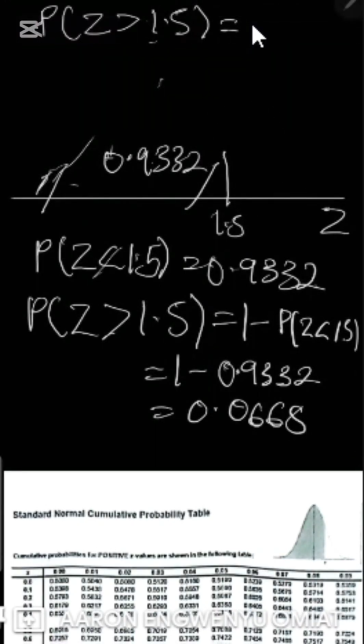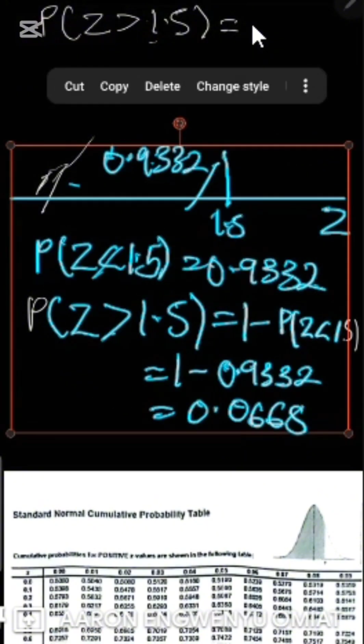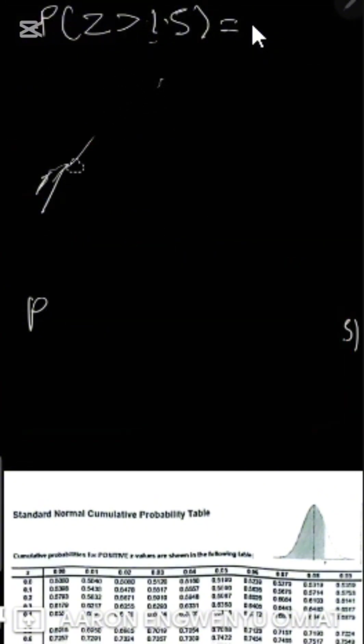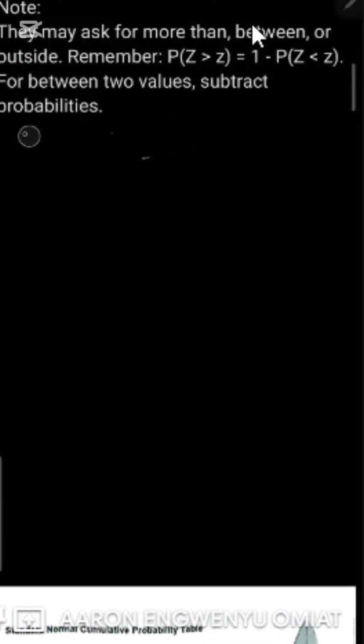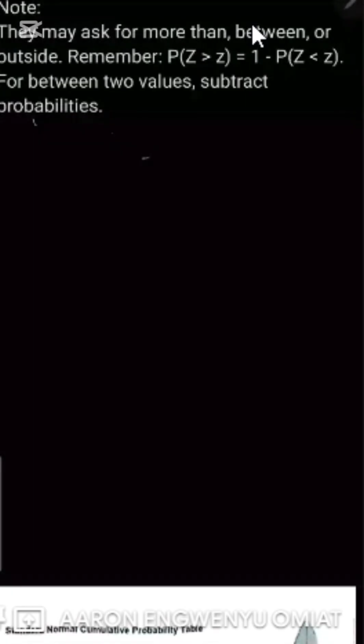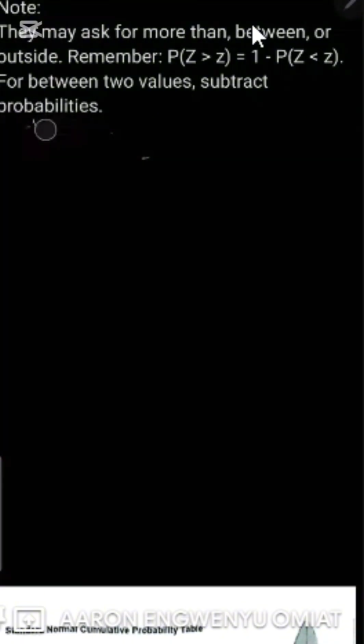Let me clear this and choose a number. So let's say they ask us to calculate the probability between 1.2 and 1.5.